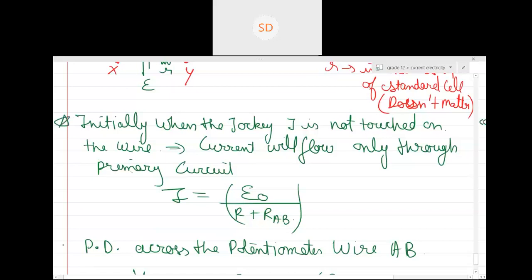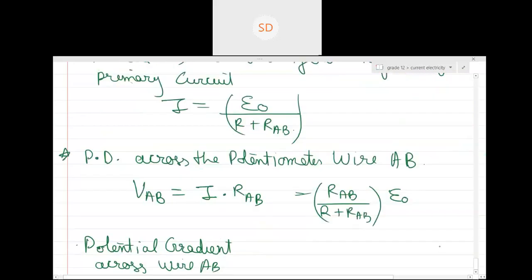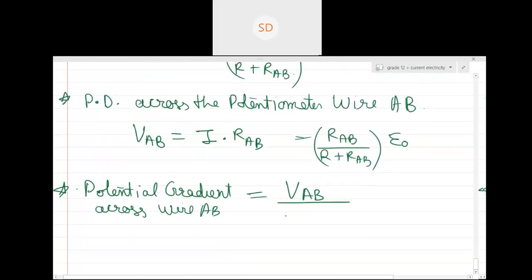First step is to calculate current, second step is to calculate potential difference, third step is to calculate potential gradient across wire AB, which is the potential difference across AB divided by the length. Potential gradient is nothing but how the potential drops per unit length of the wire.